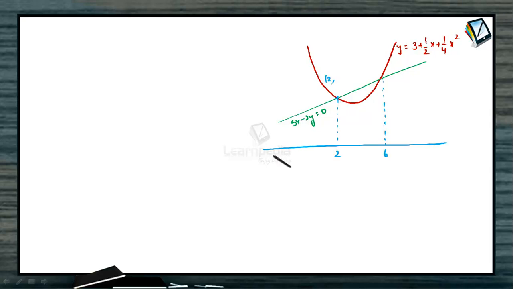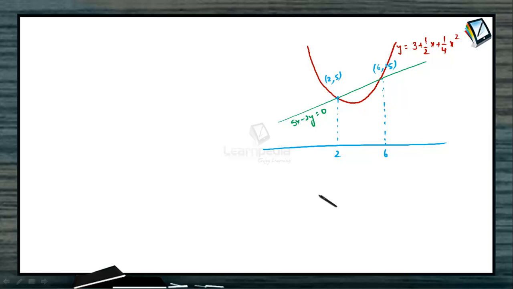So this is the graph of y equal to 3 plus half x plus 1 by 4 x square, and the line given to us is 5x minus 2y equal to 0. Now clearly we can observe the points of intersection of 5x minus 2y equal to 0 with y equal to 3 plus half x plus 1 by 4 x square as (2, 5) and the other point of intersection would be (6, 15).